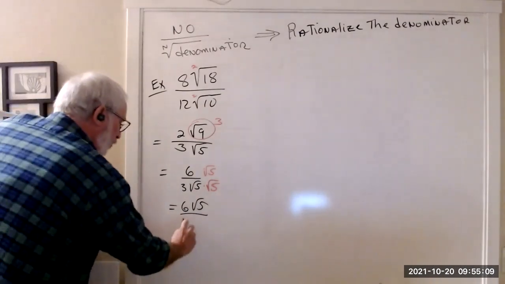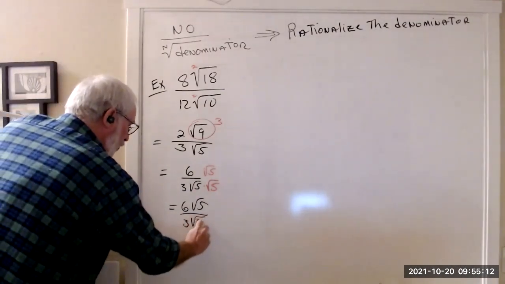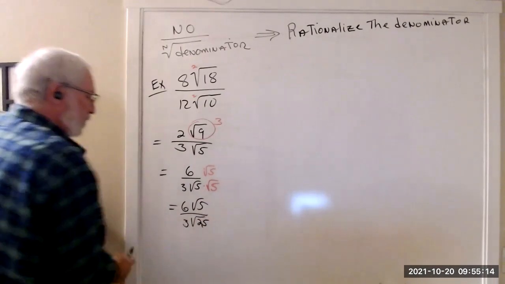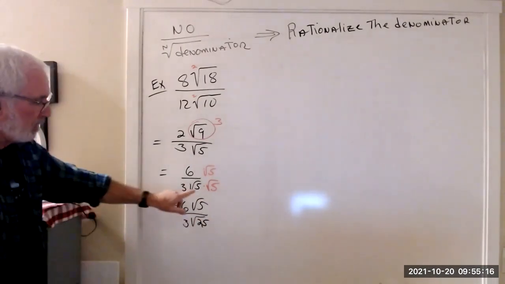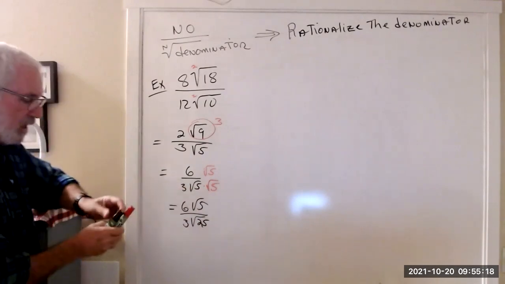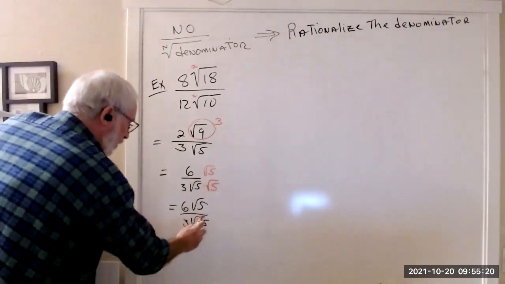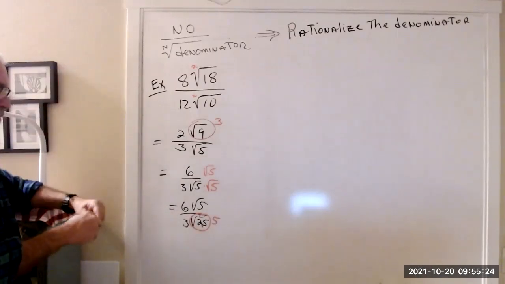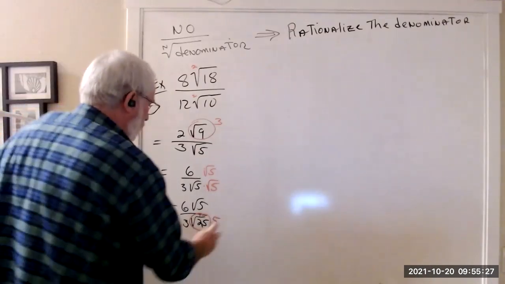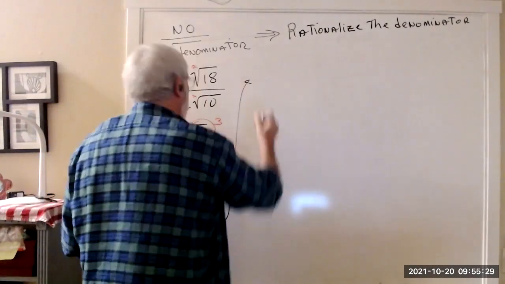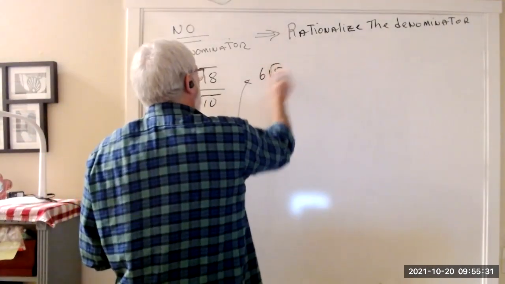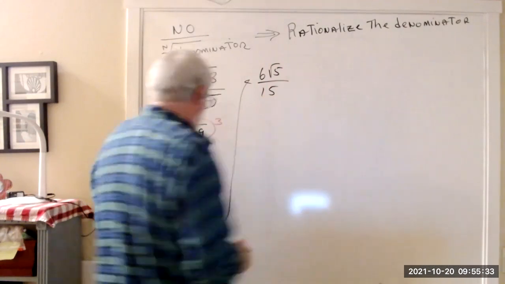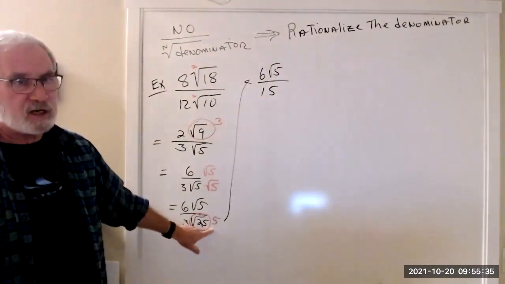What happens is you end up with 3 radical 25, because when you multiply radicals, you go inside, and the square root of 25 is 5. So you end up with 6 radical 5 over 15. 3 times 5 is 15.